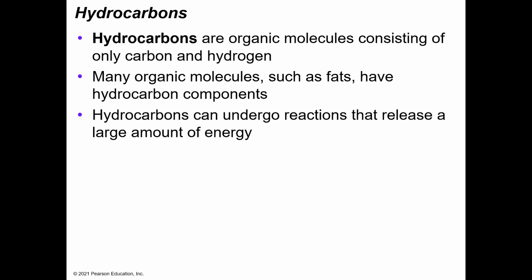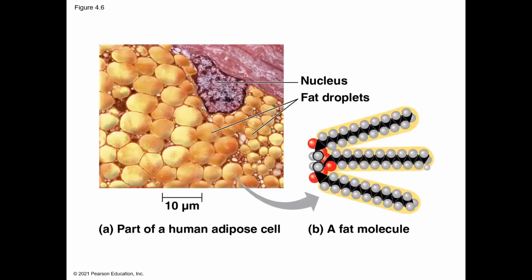So if you are a molecule that's very large and you have a lot of bonds, you're able to hold a lot of energy. And so that's what fat is basically. Fat is molecules with long chains of carbon and hydrogen. And so fat molecules are stored in human fat cells, which are called adipose cells.